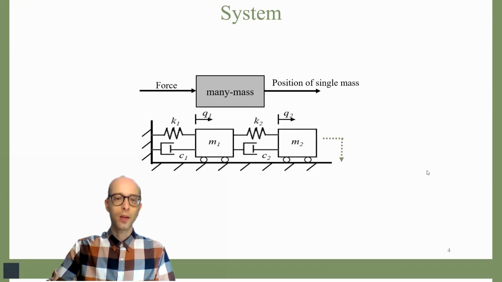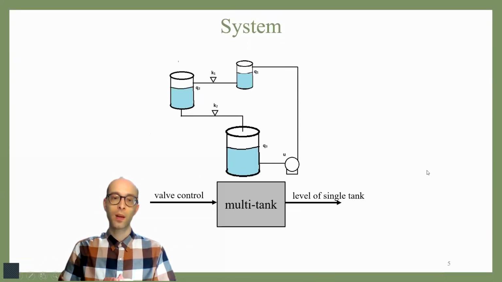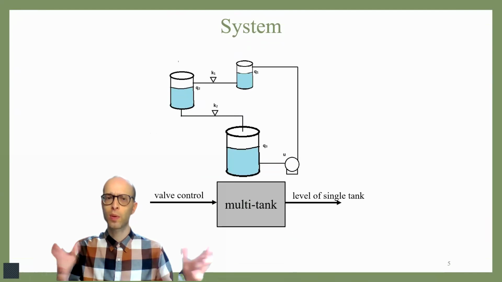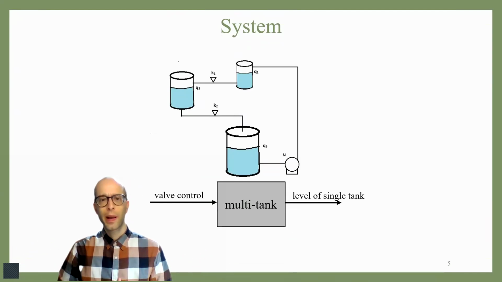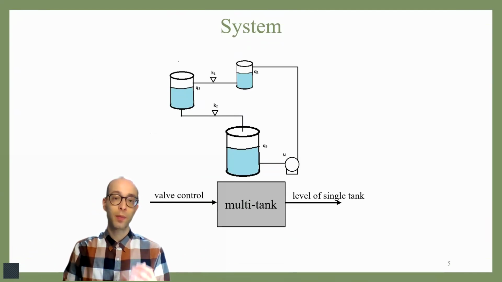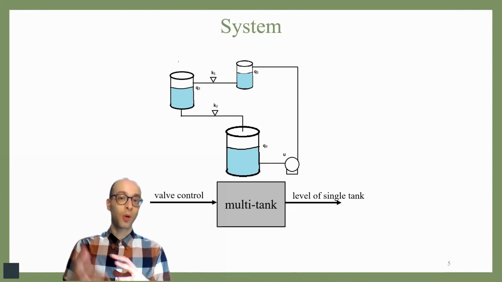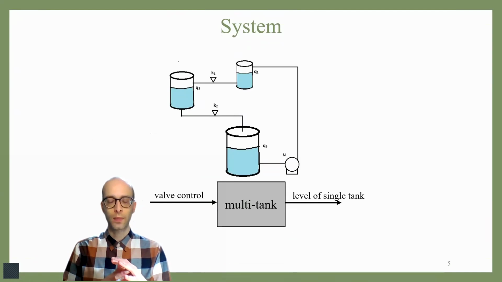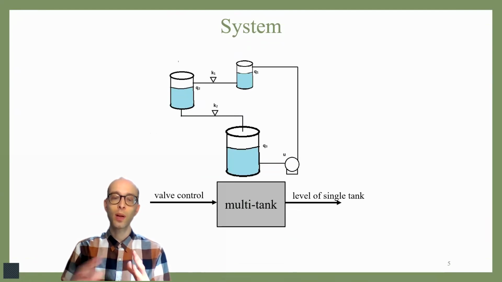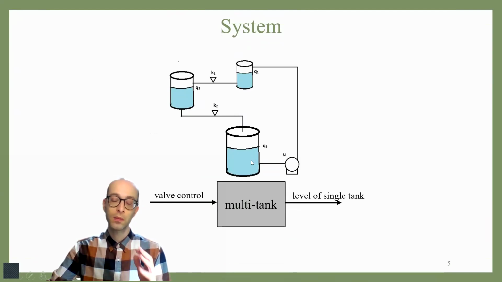Again, consider another problem where we have multiple tanks filled with some liquid, let's say water, and they are interconnected, and we have some valve control. We know the differential equations that describe the interconnection of these tanks, but let's say we again have some infrared sensor and we can only measure the level in a single tank.